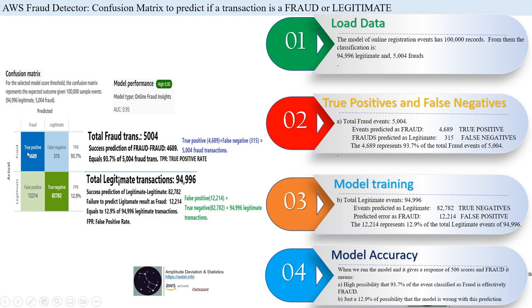This line is about the fraud transactions. Okay, the total fraud transactions are 5,004. These are the total fraud events, and the model is doing a successful prediction of a fraud transaction as fraud for 4,689 events.